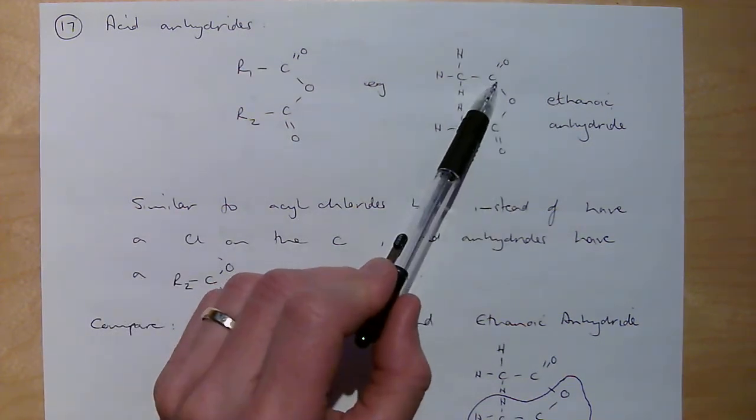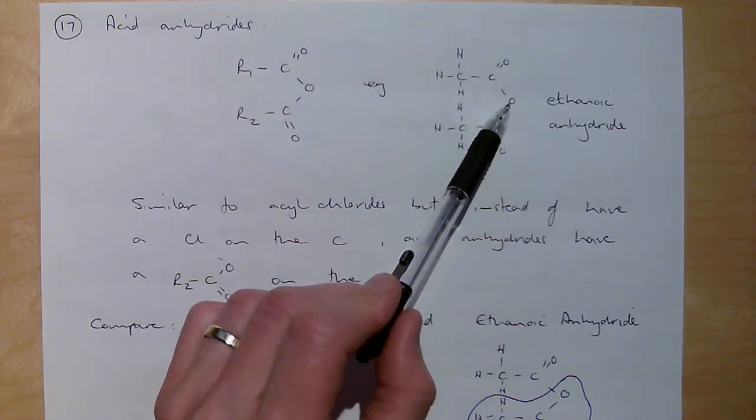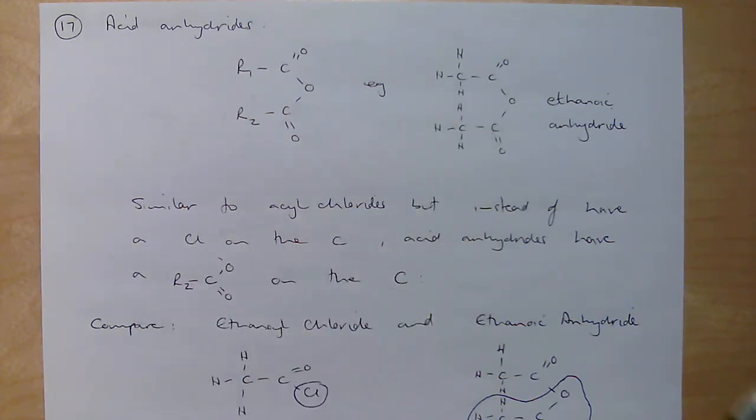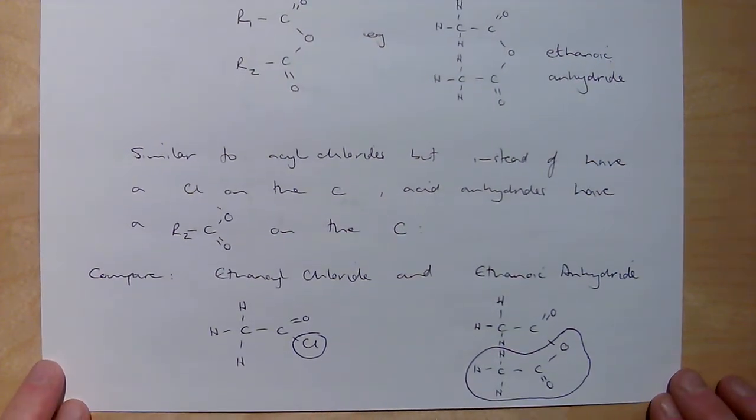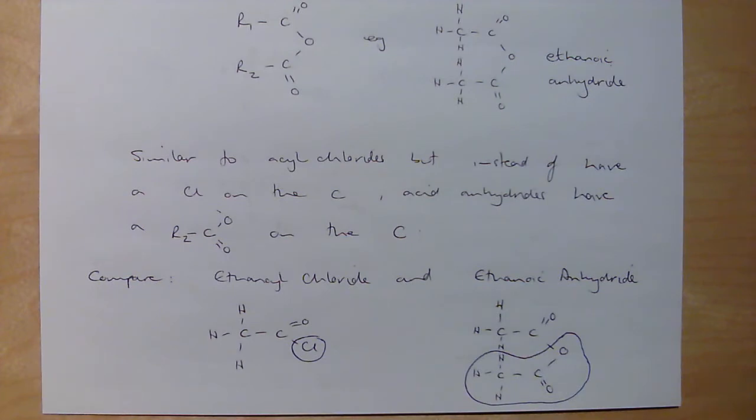I've got a COC bond there in between the two parts of the molecule. So similar to acyl chlorides, but instead of having a Cl on the carbon, acid anhydrides have the R2COO. It's really important that when you consider acid anhydrides, you think how similar they are to acyl chlorides.